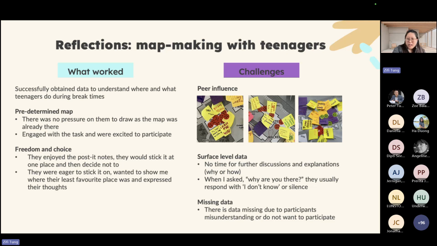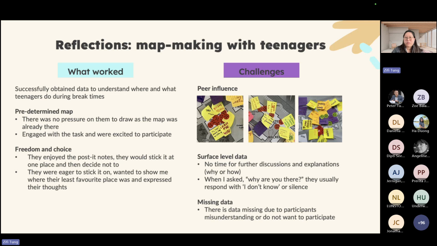What worked was I was able to obtain data to understand where and what teenagers do during their break times. I had used a predetermined map, so there's no pressure on them to draw as the map was already there. There is some literature on studies where participants were asked to draw their own maps, but there's always an issue with that, especially with children or teenagers.